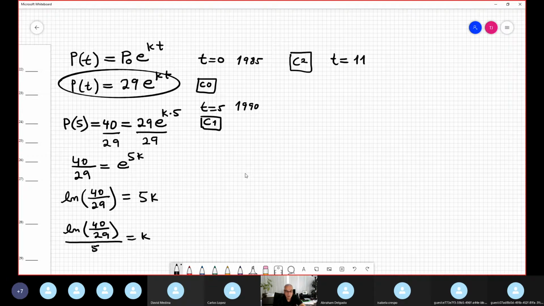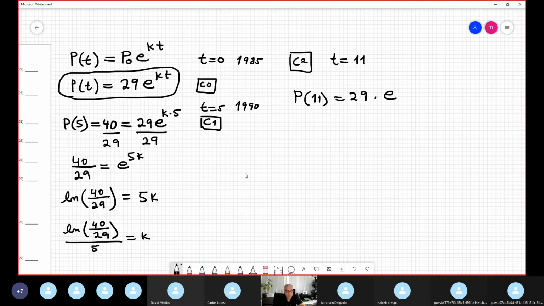Population 11 years after the 1985 is equal to 29 multiplication, exponential, and the exponent we have k. K is natural logarithm of 40 over 29 divided by 5 and multiplication by 11, no?